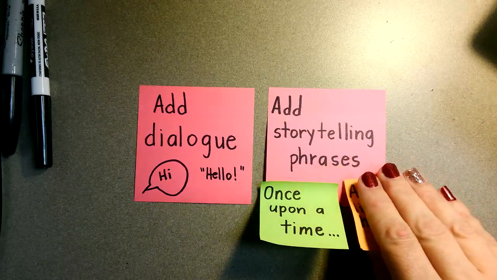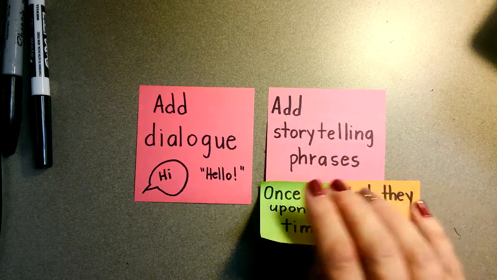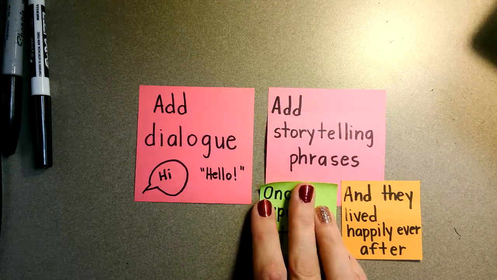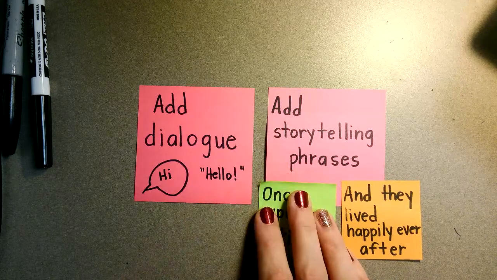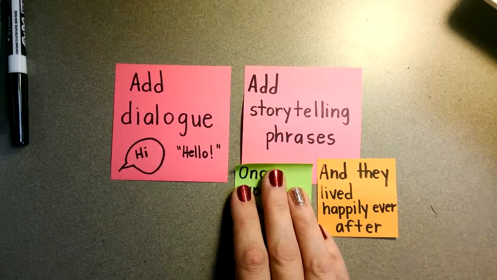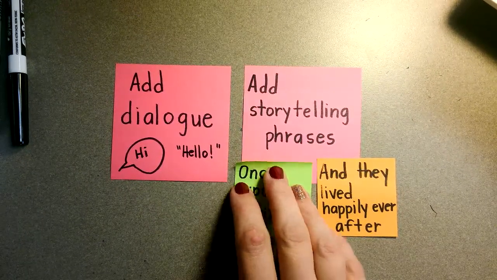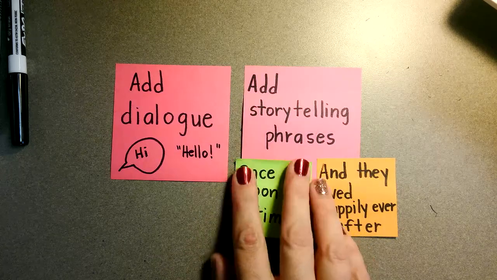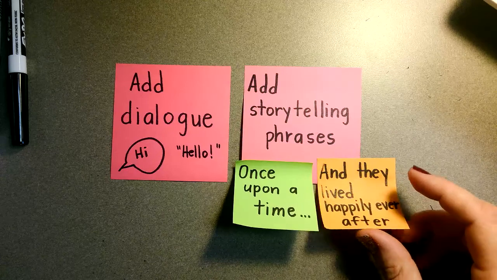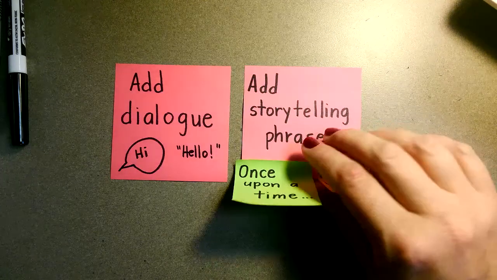And then at the end of our story, once you have finished your whole story, don't forget to add the phrase, and they lived happily ever after. We often will see that at the end of a fairy tale. So I'm going to remind myself of that again later when I'm getting to the end of my story.